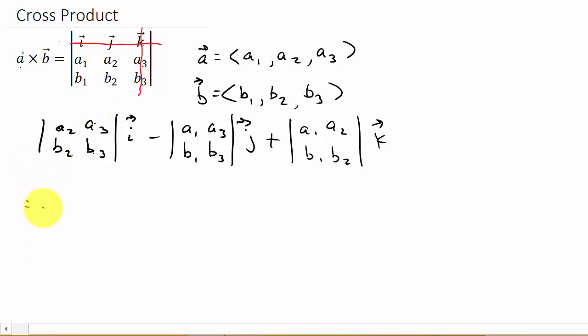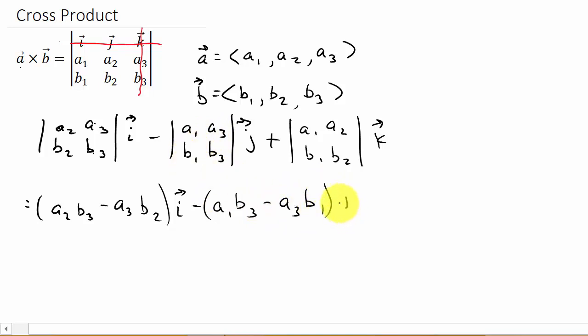So that's going to be A2 times B3 minus A3 times B2, times vector I, minus A1 times B3 minus A3 times B1, times vector J, plus A1 times B2 minus A2 times B1, times vector K. And this would be your cross product here.